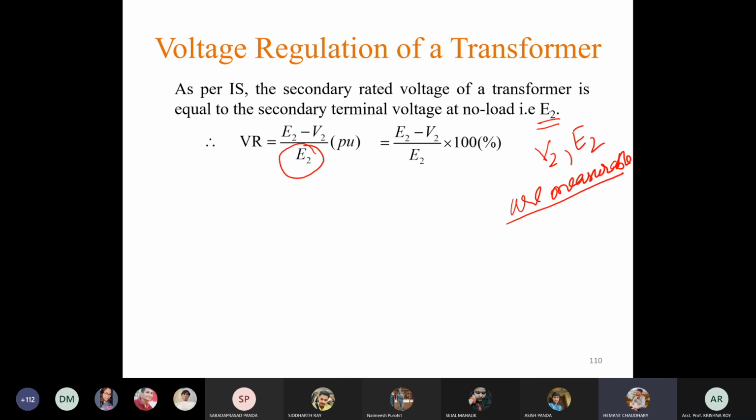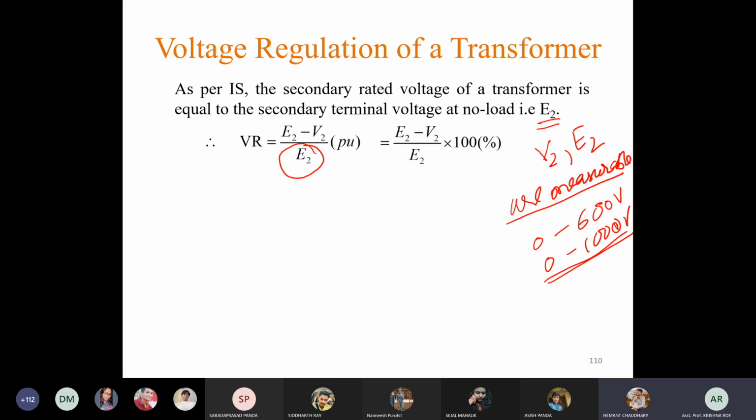Okay, now normally the voltmeter ranges are from 0 to 600 volt. Maximum, if you use some multimeter, it can be 0 to 1000 volt. So above 1000 volt, it is very difficult to measure using any measuring device.